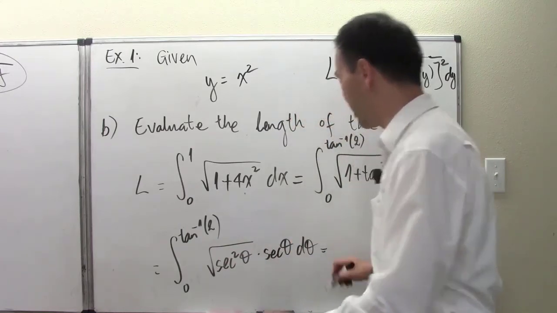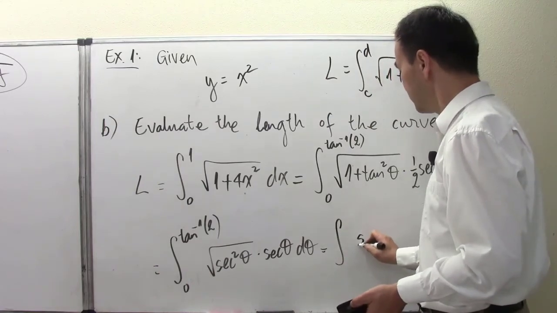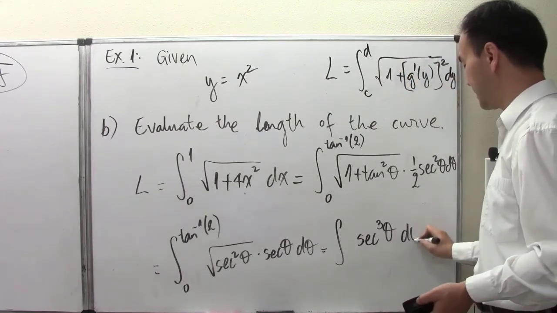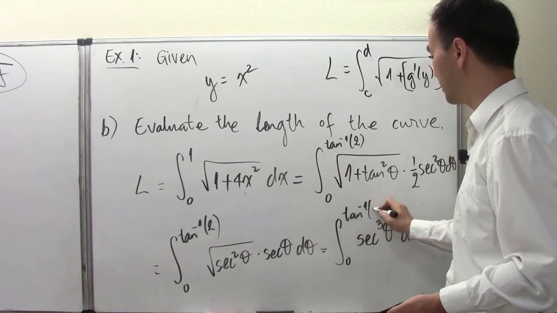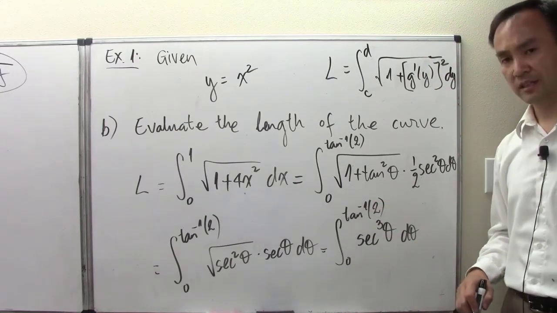Now our integral reduces down to the integral of secant cubed of theta d theta from 0 to tangent inverse of 2.